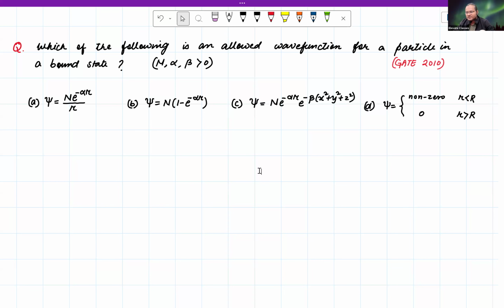You are given wave function solutions as mathematical expressions.